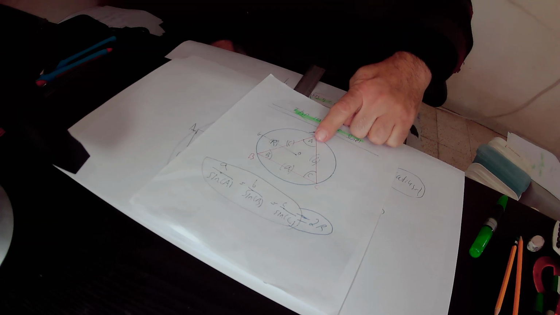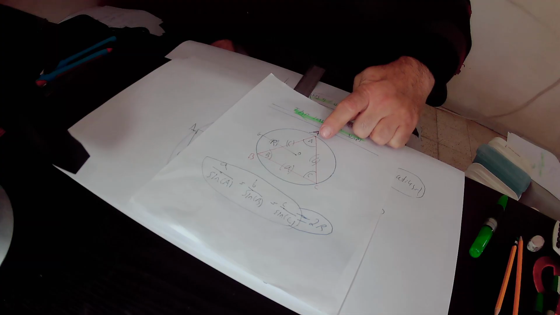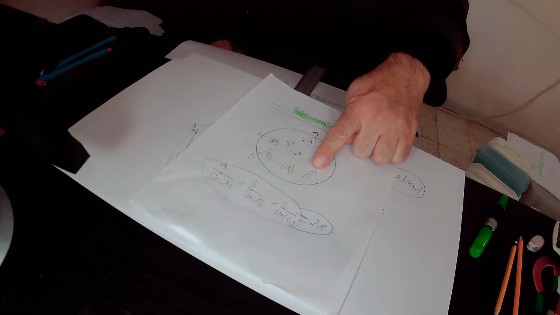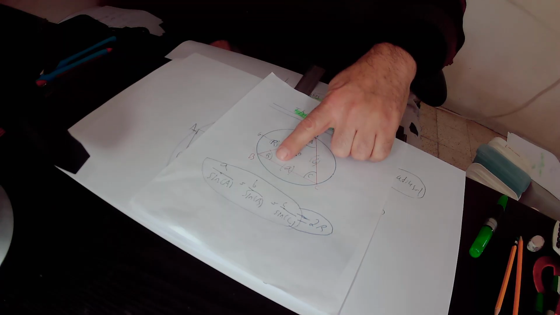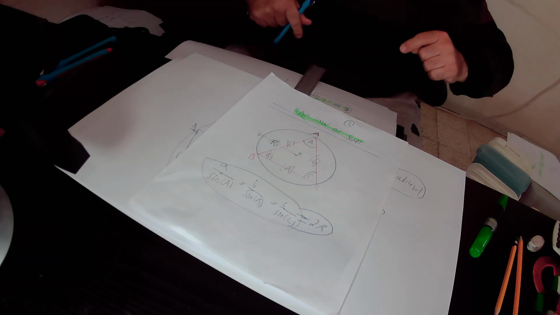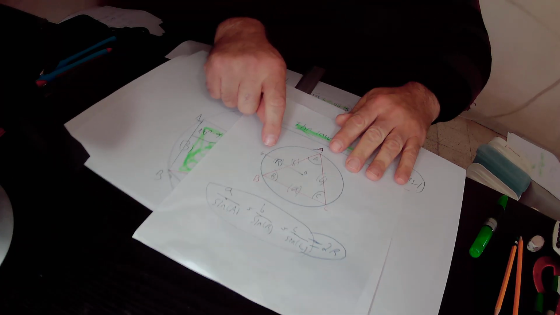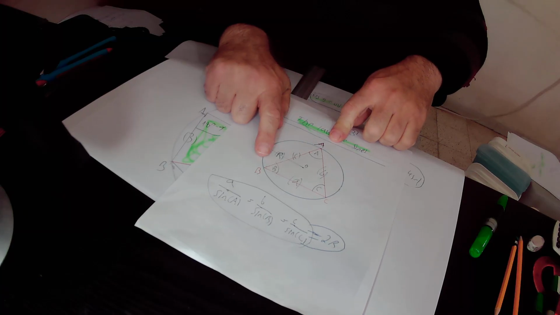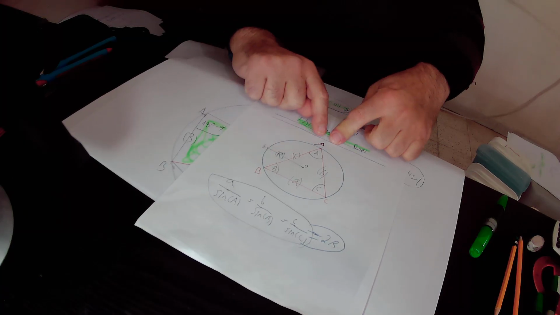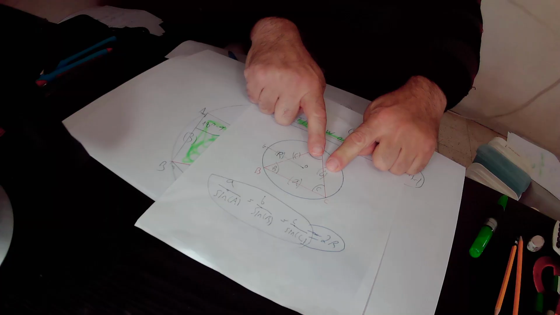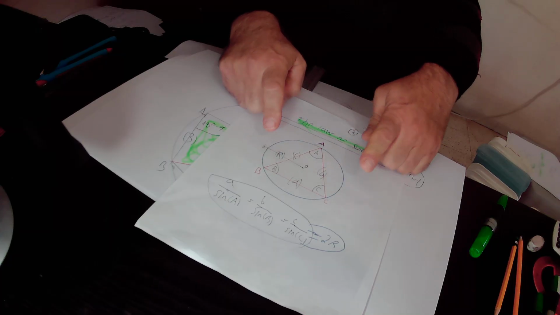Angle BAC is equal to capital A degrees, angle ACB is equal to capital C degrees, and angle ABC is equal to capital B degrees in size. Likewise, side AB equals C units in length, side AC equals B units, and side BC equals A units in length.